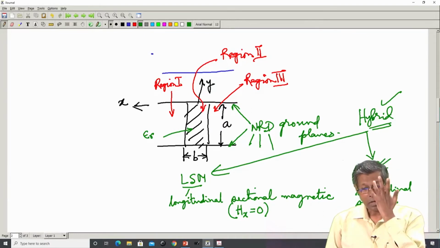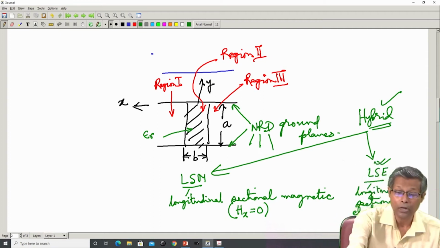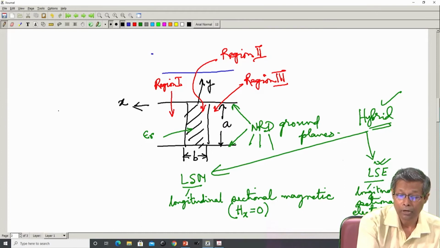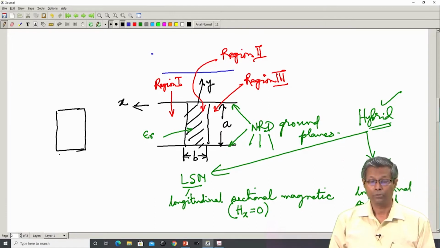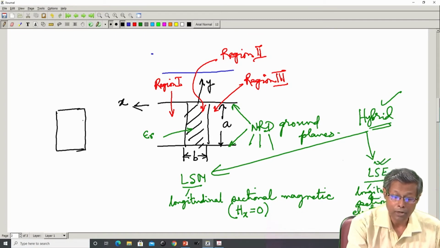So, in addition, you appreciate that basically what we are trying to do is compare this with the rectangular waveguide in this direction. Okay. So, in the case of the rectangular waveguide, this was my A, this was my B.